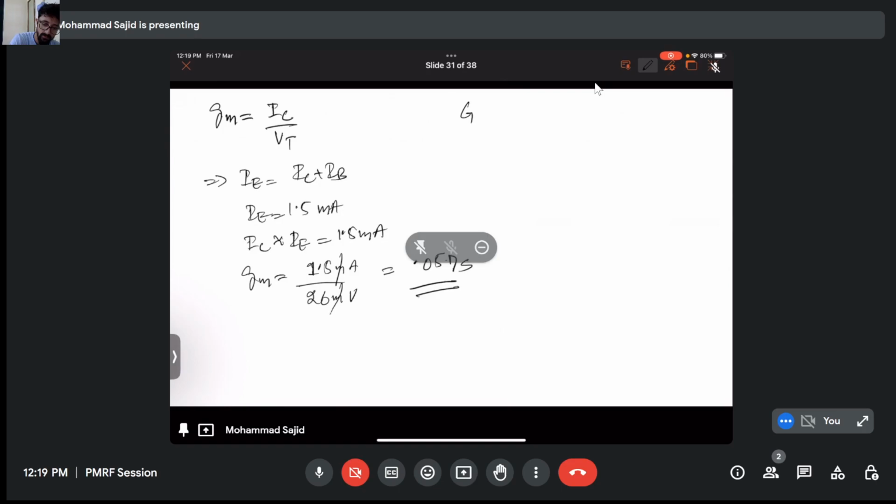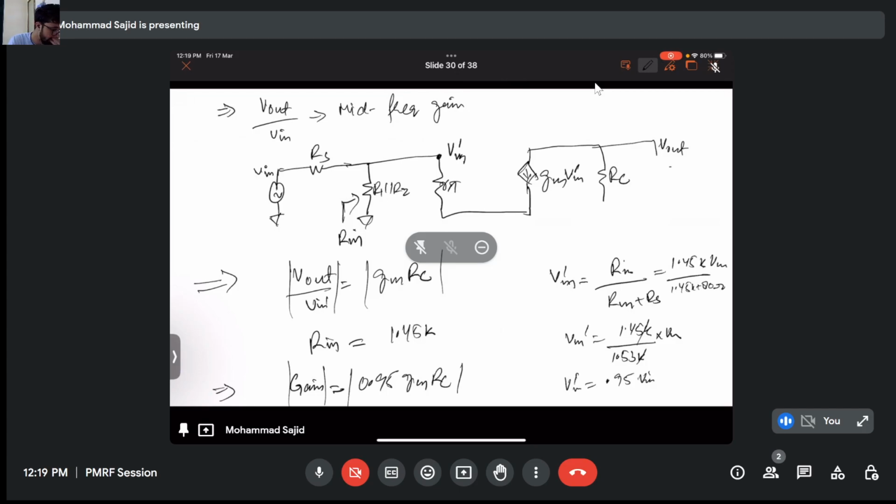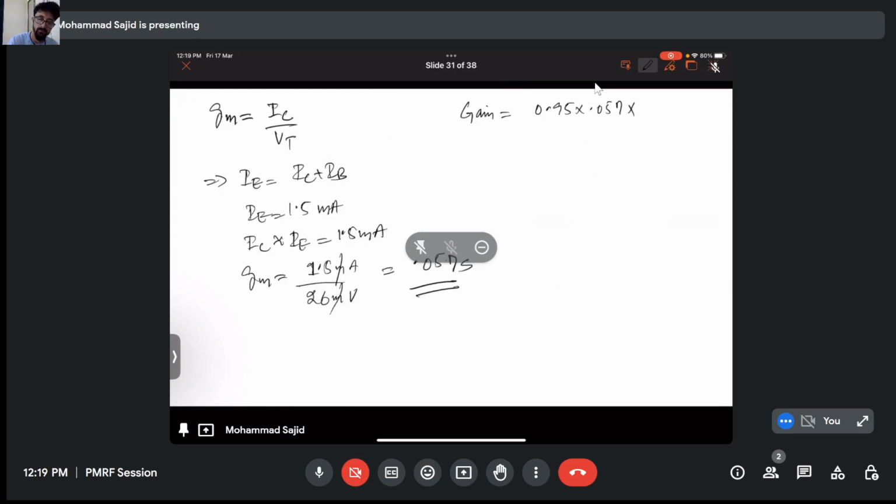So now the gain will be 0.95 into 0.057 into RC. What is the value of RC? RC is 4 kilo ohm. So let's just calculate: 4 into 0.057 into 0.95 comes out to be around 460.